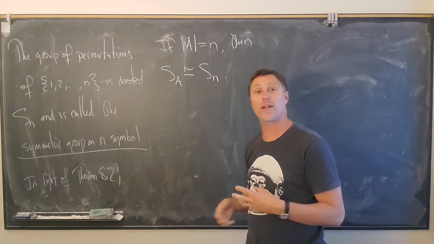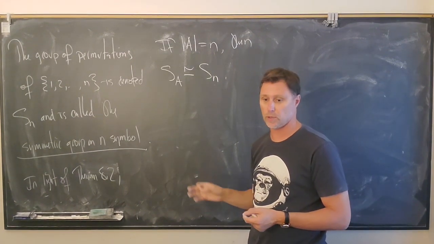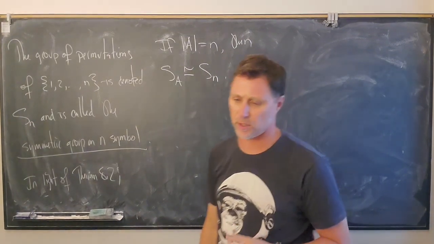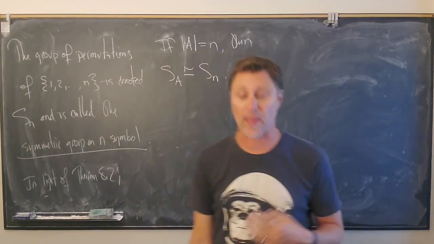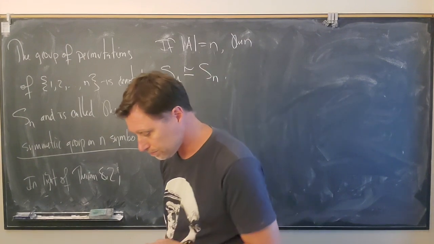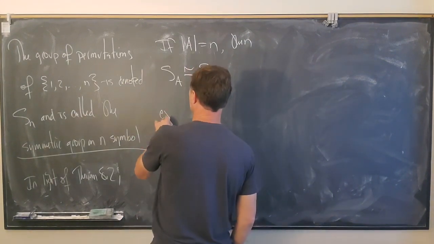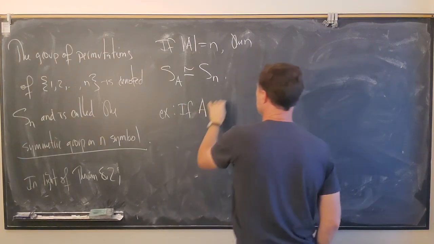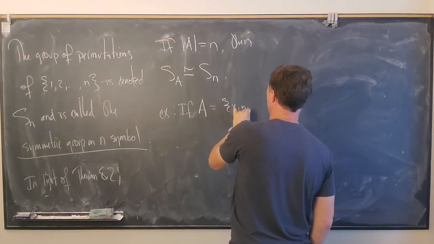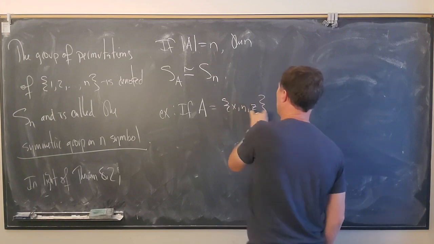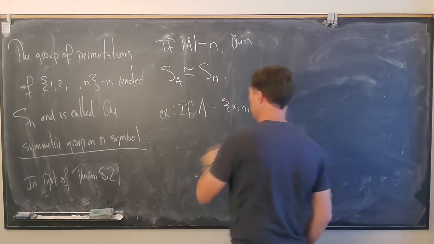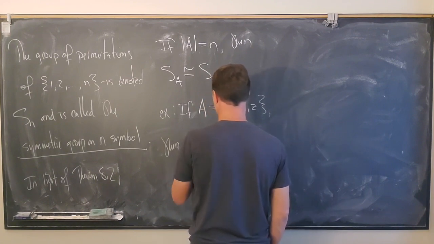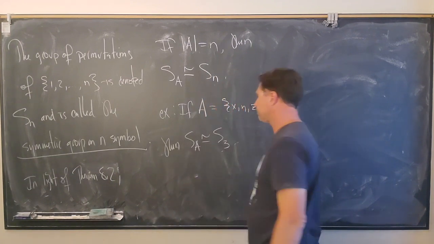So if we want to understand permutation groups of finite sets, all we need to do is study S sub n. And maybe I shouldn't make light of that. Studying S sub n, that's actually a big task. So for example, if capital A consists of the elements x, y, and z, then S sub A is isomorphic to S sub 3.